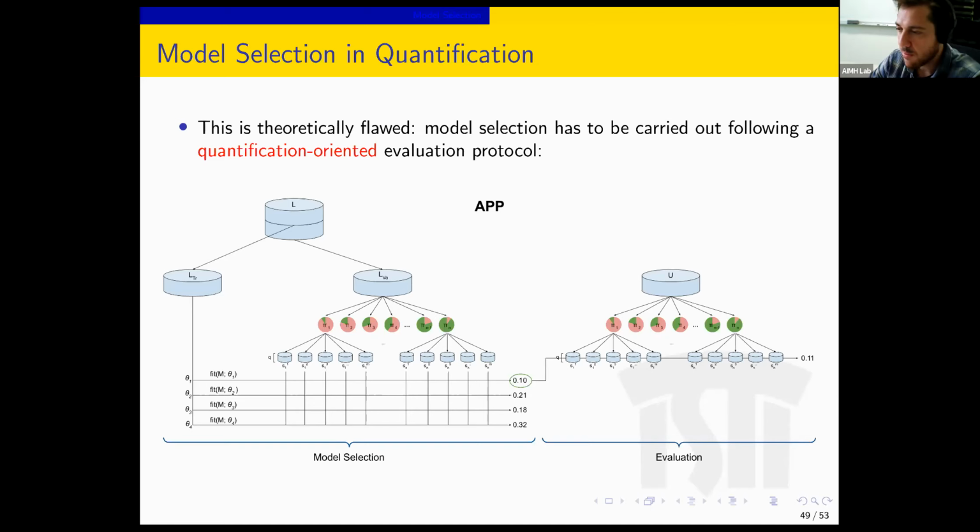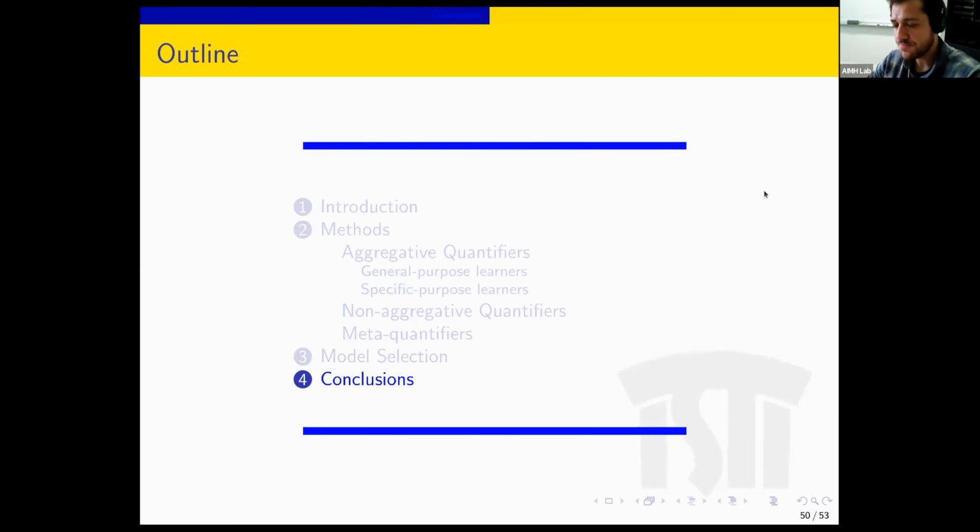We confront our model parameterized with theta 1 with all these samples. This is the error we should report as the result of our method, as a representative of the performance of our method. Okay, that's pretty much it about model selection.